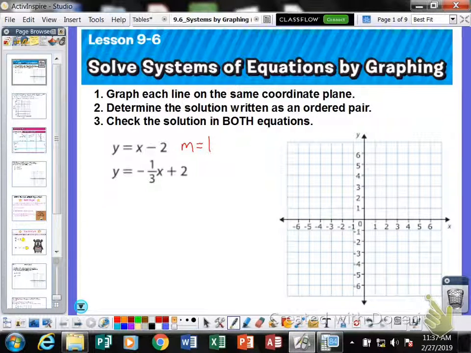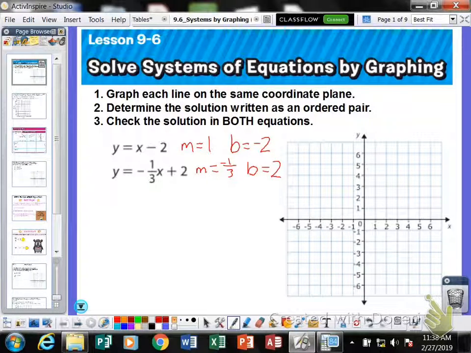And my y-intercept, or my b, is going to be negative 2. Okay, for the next one, y equals negative 1/3 x plus 2, my slope, or my m, is going to be negative 1/3, and my y-intercept, or my b, is going to be a positive 2.